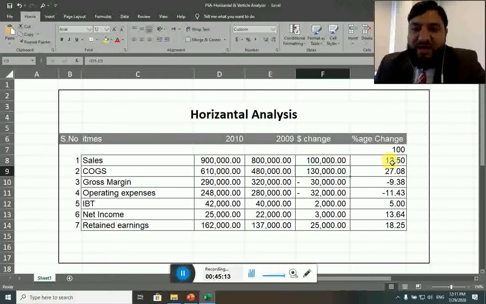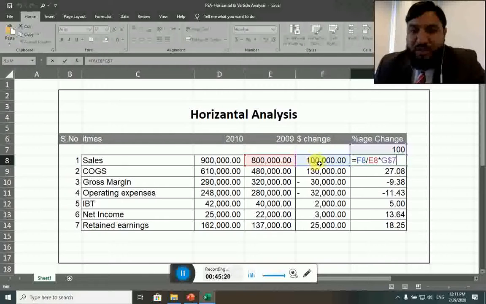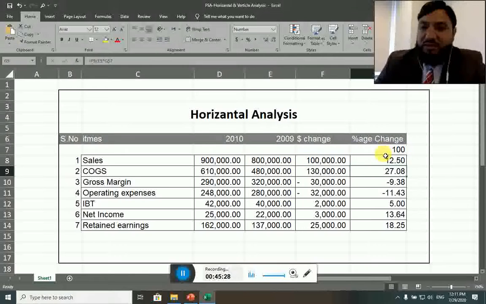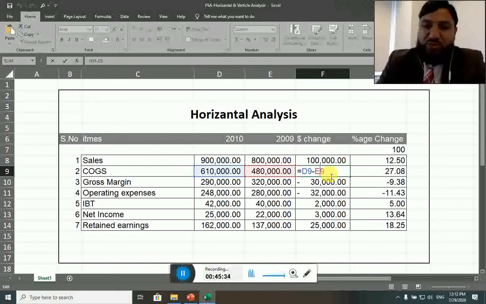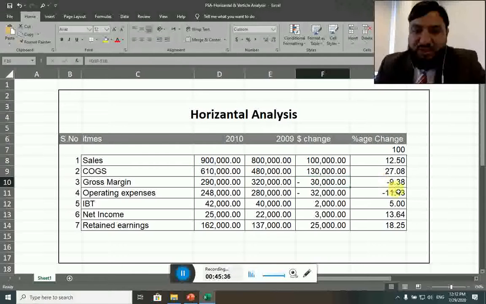Now I want to find out the percentage change. So what I've done, we can see the dollar change divided by the base year, and multiplied by 100, I get the percentage change, which is 12.5% increase. Similarly, the same operation is carried out here, you can see.